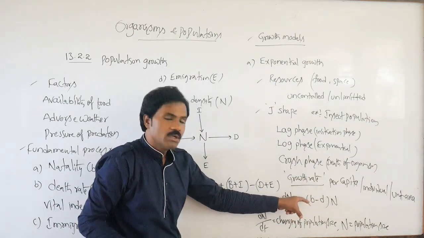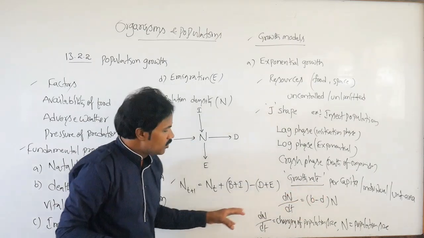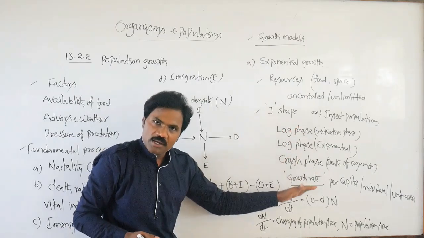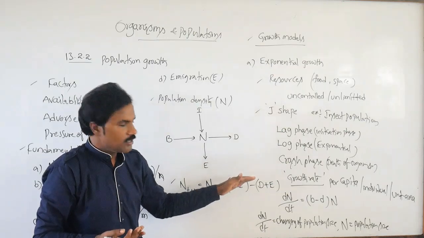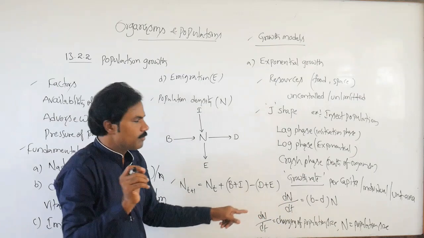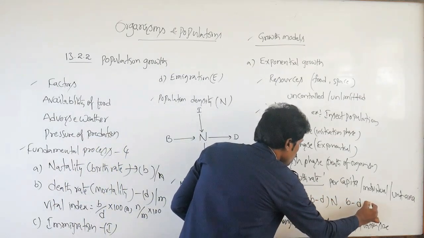In that, what is the total number, the birth rate as well as death rate. This is per capita, per unit area: what is the growth rate, what is the population density. Here, B minus D, birth rate minus death rate, is equal to r.